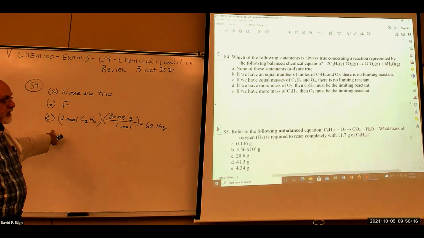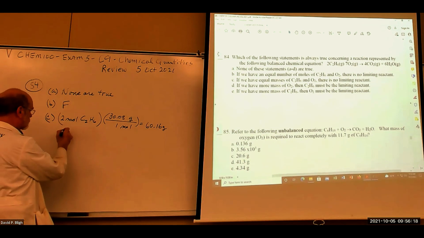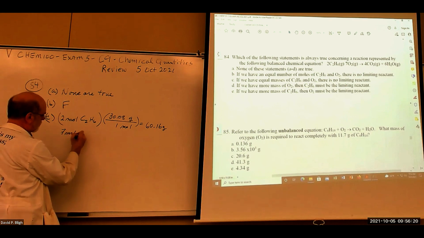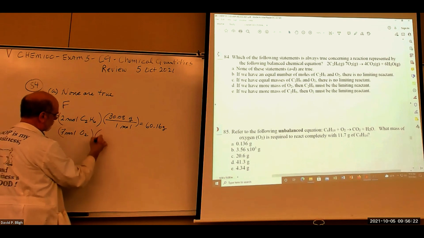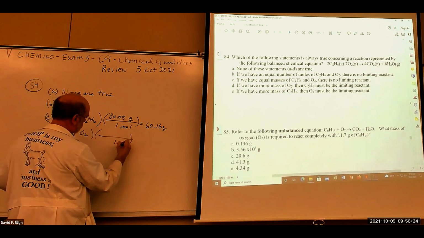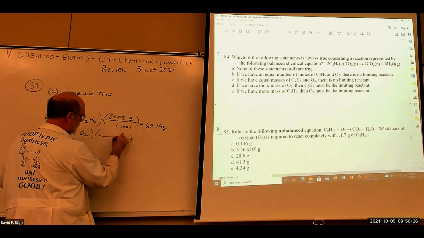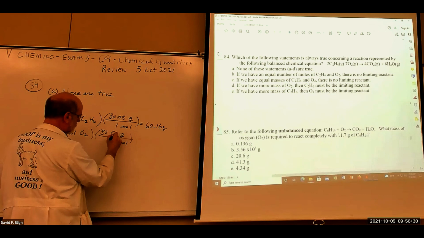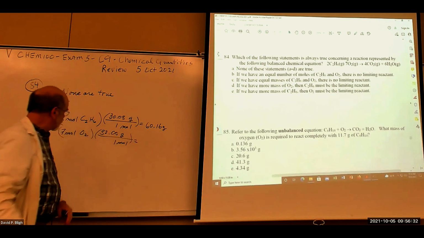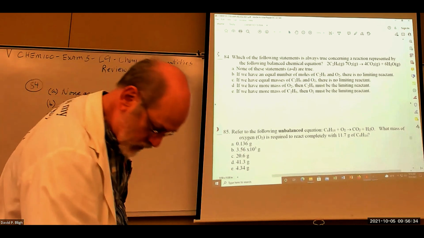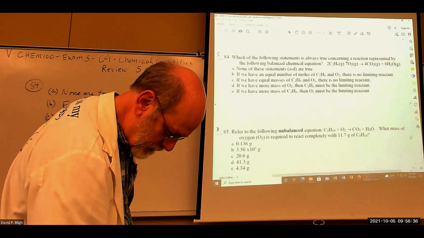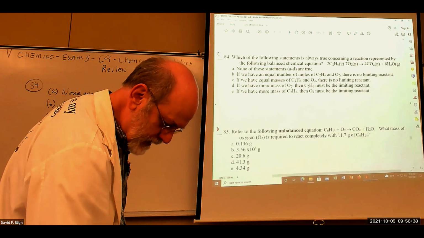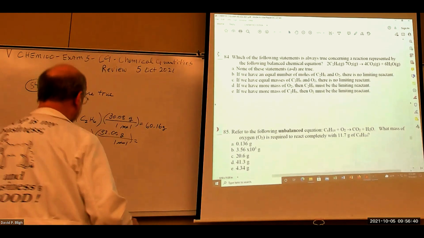If that reacts with 7 moles of oxygen, what mass is that? Well, this is 32 grams per mole, right? So 7 times 32 is 224.